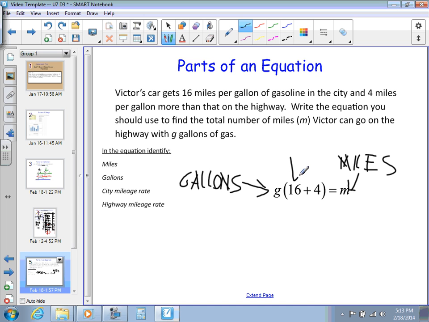So this one right here is my city mileage rate.